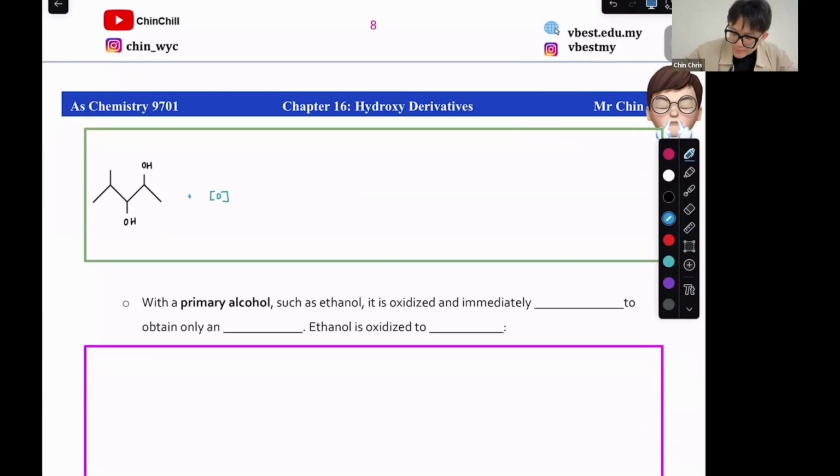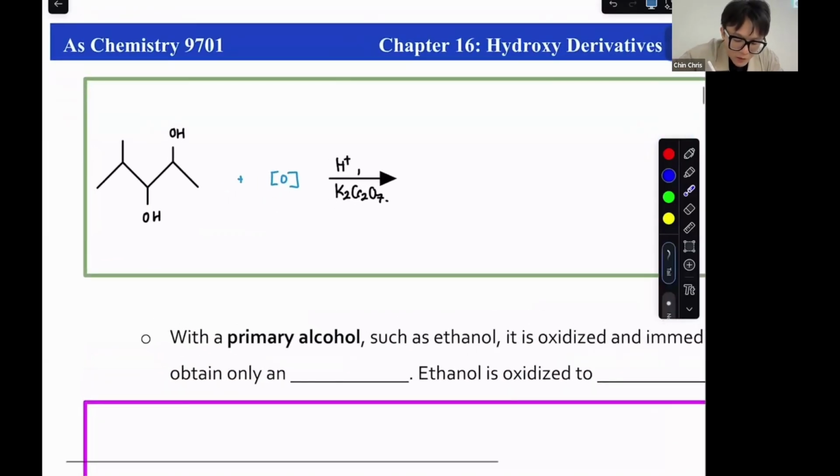Alright guys, let's oxidize this. When you're oxidizing a secondary alcohol, remember this: oxidation is adding oxygen, removing hydrogen.